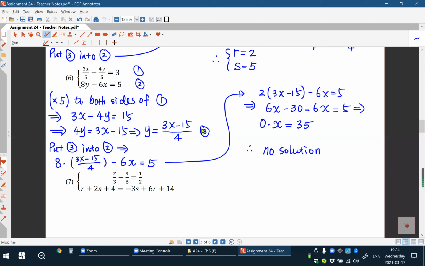Do you see the logic here? No matter what value x is, this equation cannot hold, right? Have a look at this. Any questions? Please let me know.